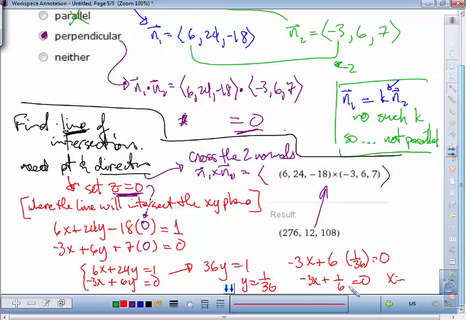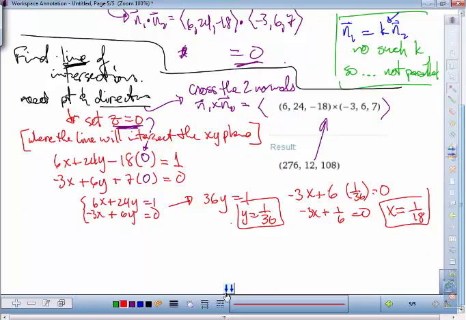That makes it positive. 3 times 6 is 18. I think this is good. And so finally, I have my point. My point is 1 over 18, 1 over 36, and 0.